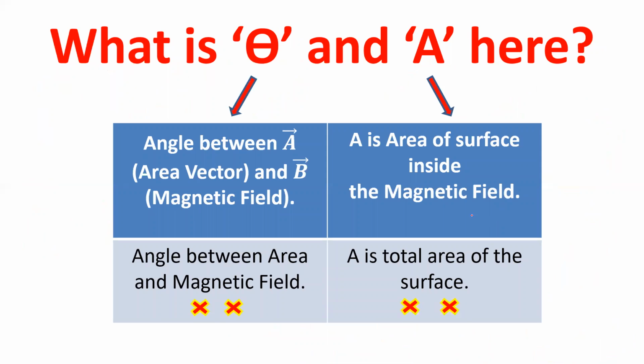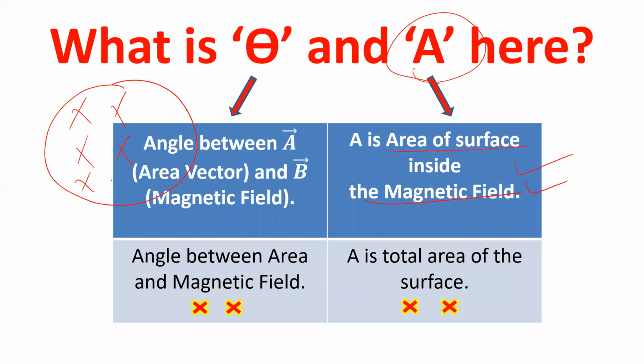So what does A mean here? Look at this right part. A means area inside the magnetic field. Suppose we have this circle and we have magnetic field only in half of the area, and the other half of the circle doesn't have magnetic field in it.